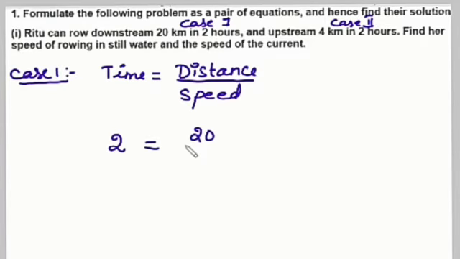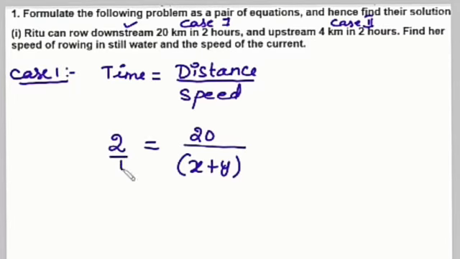So I'll write simply 20. And the speed, here in case 1, it is downstream. And for downstream, speed is x plus y. That is the speed of the boat in still water and the speed of the current.